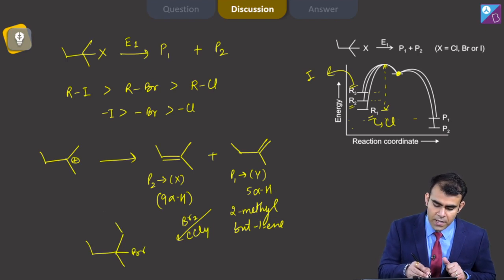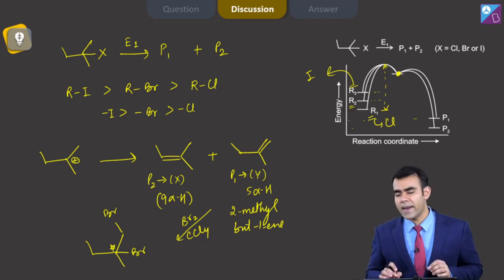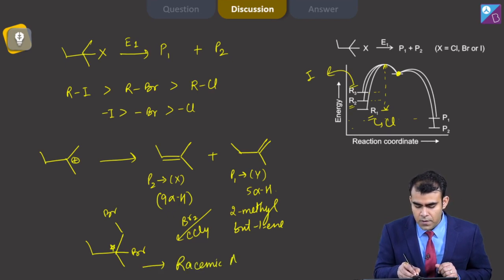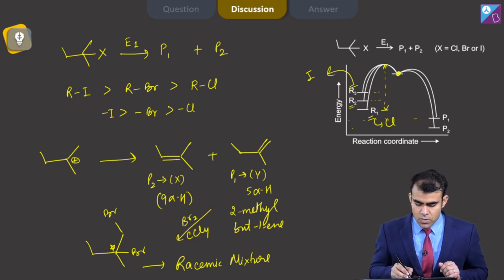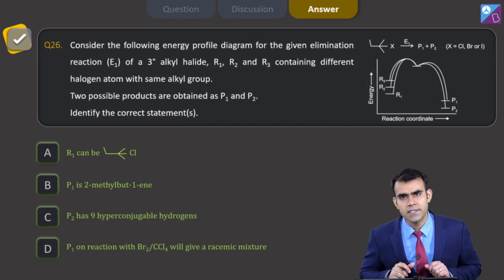Br comes here and Br comes here, and this carbon has a stereogenic center, or a chiral center, and yes, it will form a racemic mixture. So all the options are correct here. So for this question, the answer is A, B, C and D.